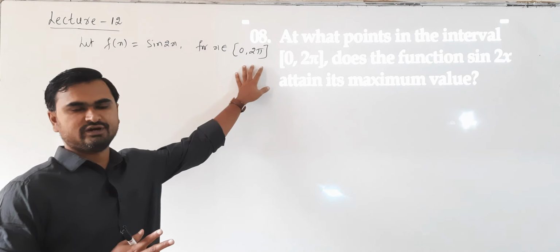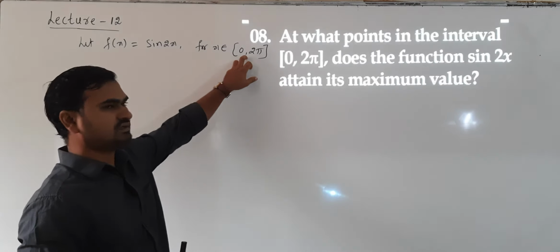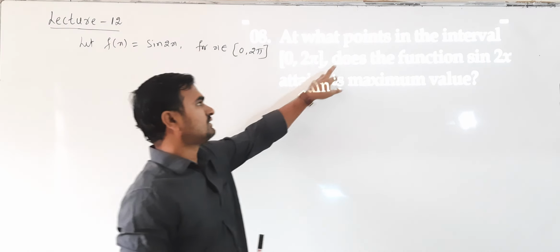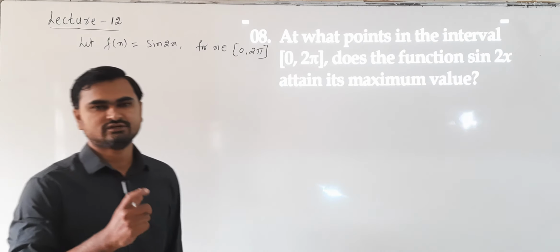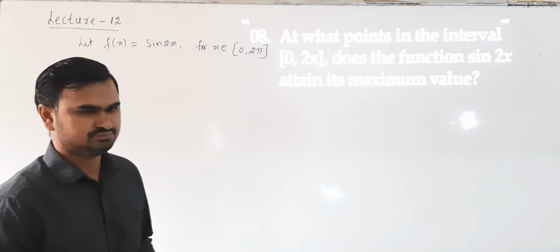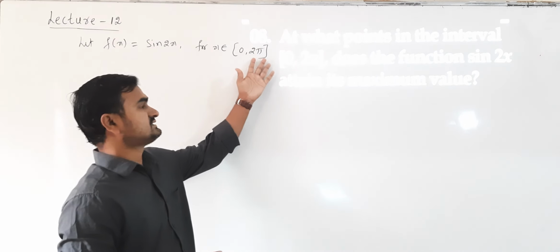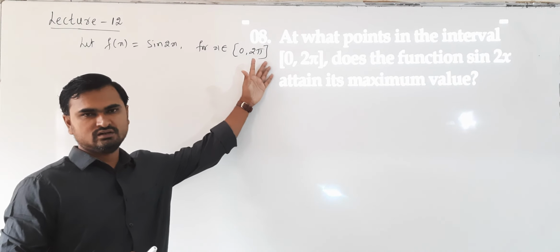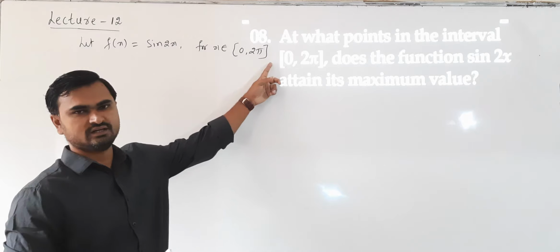So at what points are we going to get that maximum value? We are interested in finding the points where we get the maximum value. In the case of absolute maximum and absolute minimum, it can be obtained at either critical points or end points.